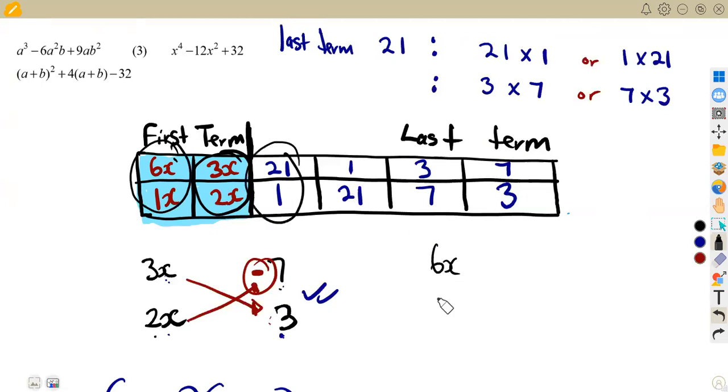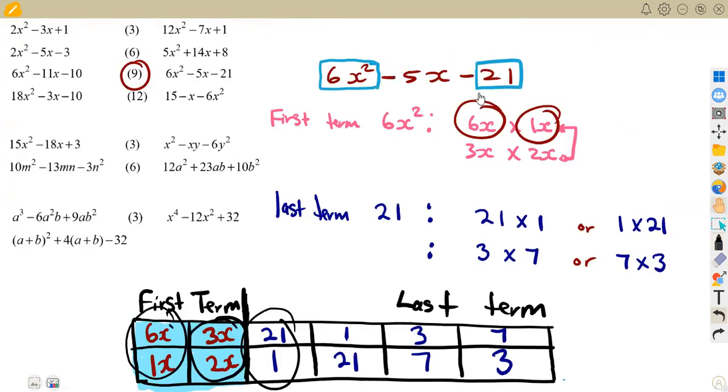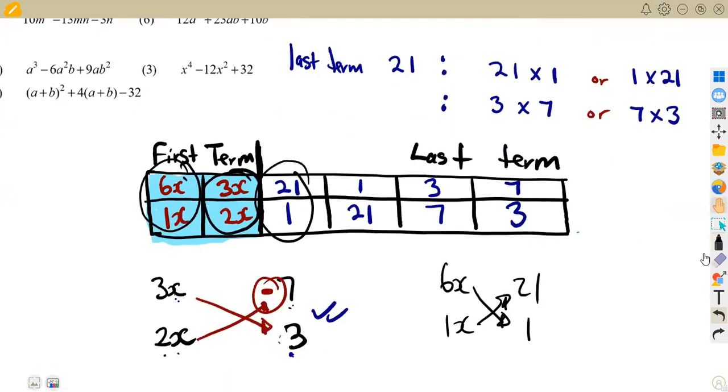So it must be 6x, 1x, 21 versus 1. You take them diagonally. You choose the signs that you're going to put here. Consider that the term here is negative 21, so one of these numbers must be negative, okay? So this one can be negative.